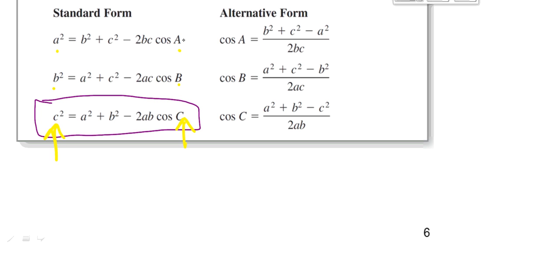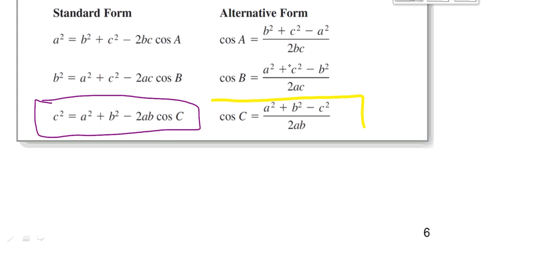And then the other two sides are represented with squaring and minus 2 times those two sides. Also notice that if it's a right triangle, you can actually see the Pythagorean theorem in there as well.